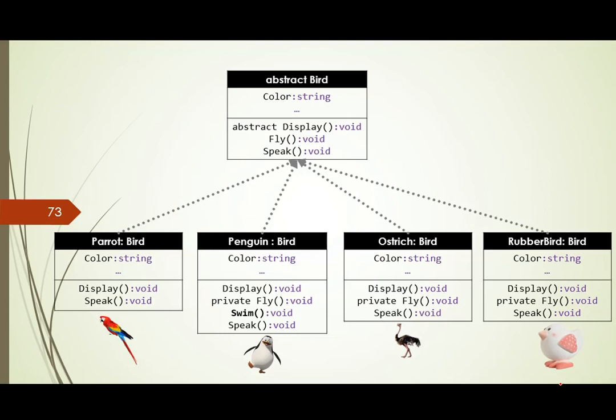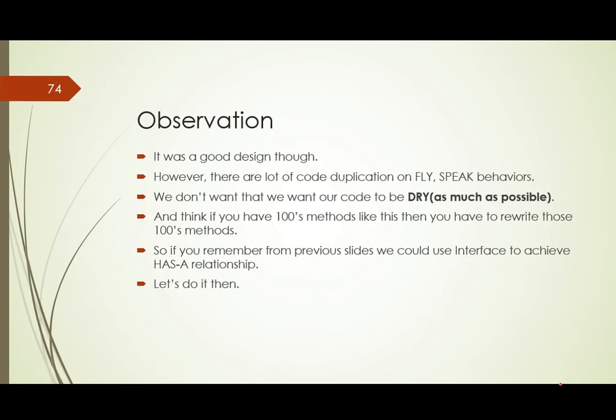So it's a really bad solution. So let's see our observation. From a simple perspective it's a good design, but there is a lot of code duplication in speak and fly behaviors, as you've seen, and we don't want our code to be wet.